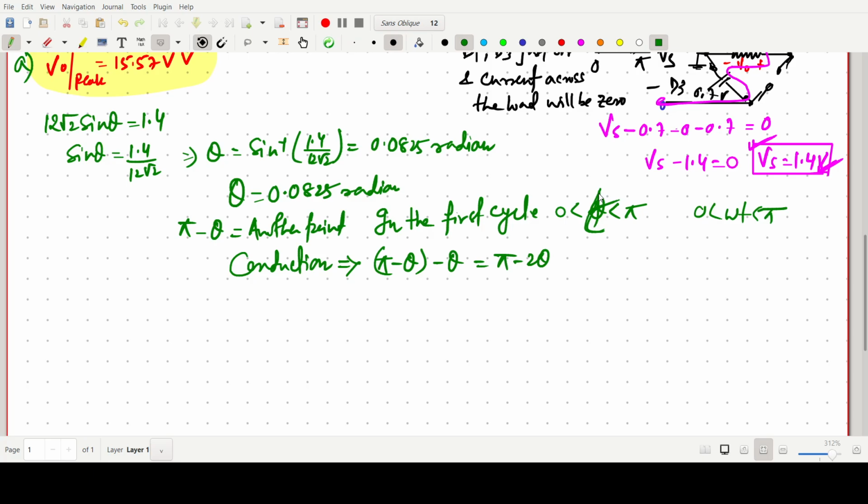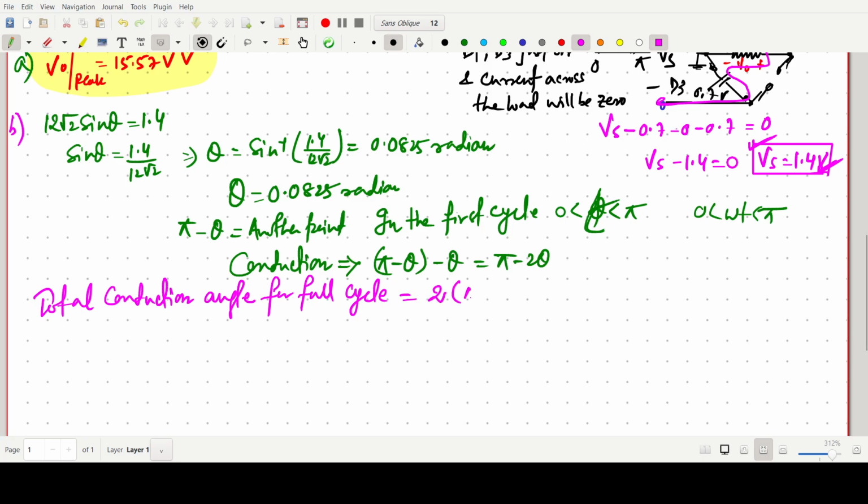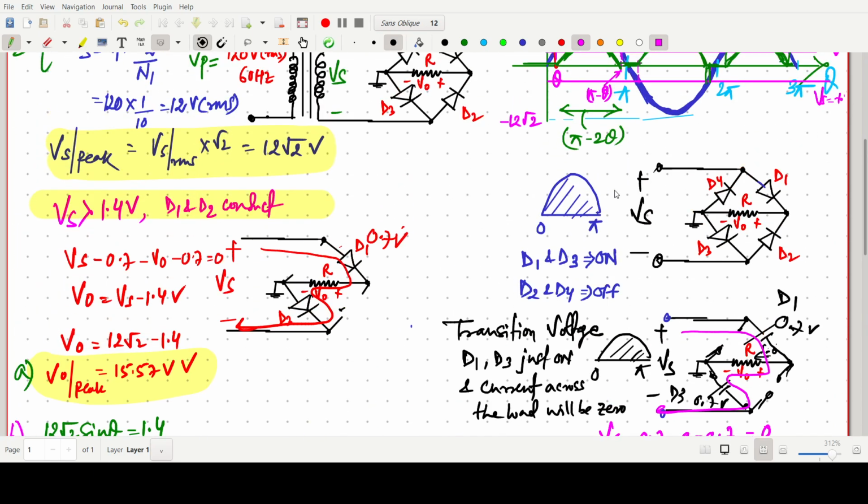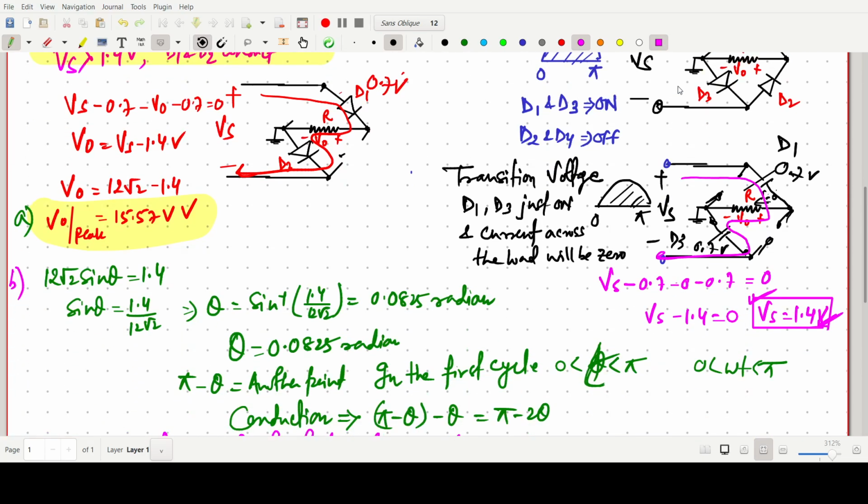So now the total conduction angle for the full cycle, I am doing for part B. We simply have to multiply by 2: 2 times (pi minus 2 theta). This one is for the first half cycle, and for the next one also it should be pi minus 2 theta, so we simply make it double.